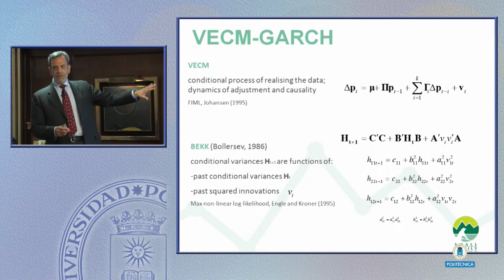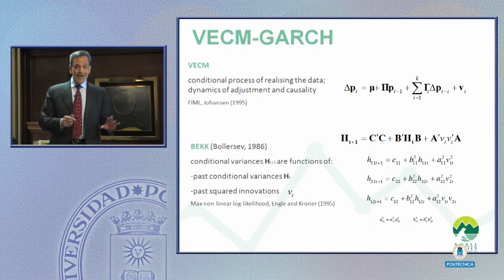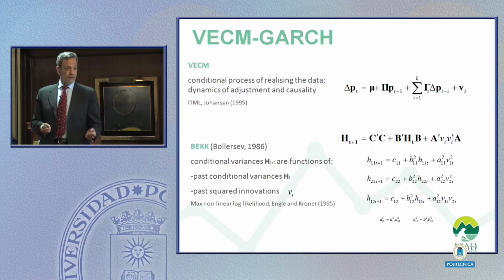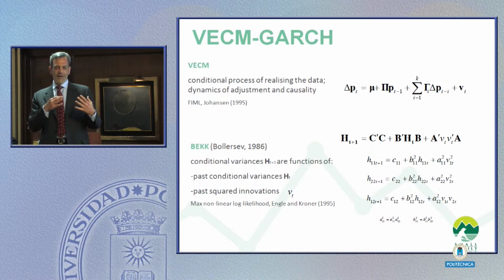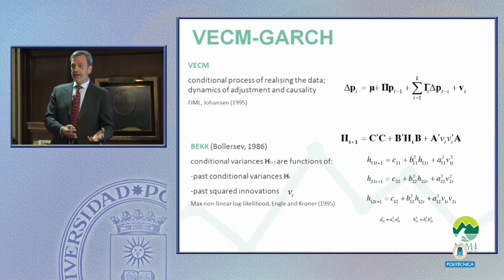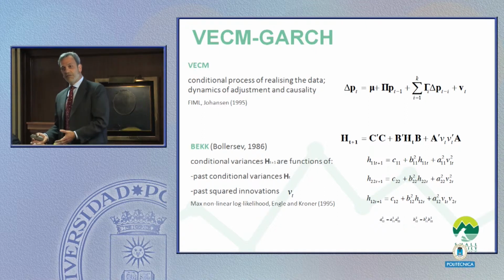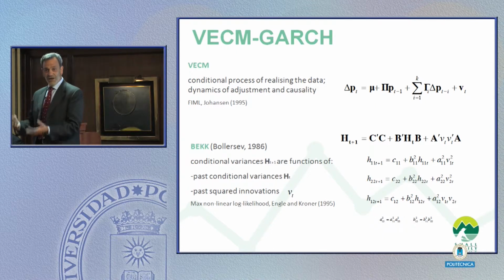The GARCH, awful name, is the volatility spillover. It estimates volatility according to its past values. So if you have large volatility today, you may have large volatility tomorrow. This is animal spirits today, more animal spirits tomorrow. It's the herding.